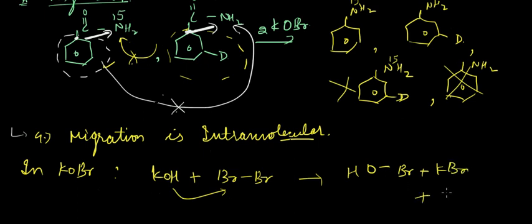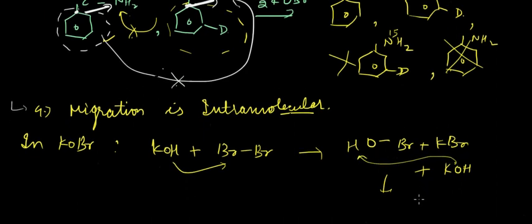Again on this HOBr, KOH attacks, and as a result a water molecule is removed from this reaction. As a result, we have K plus and OBr minus, so we have KOBr. This is the formation of this reagent, KOBr.